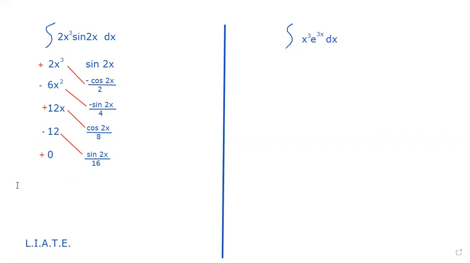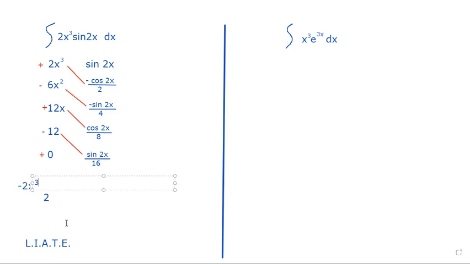So now, we have 2x cubed times a negative cosine 2x over 2. Okay, now next we have a negative. Let's put this here. And let's get the right size in.